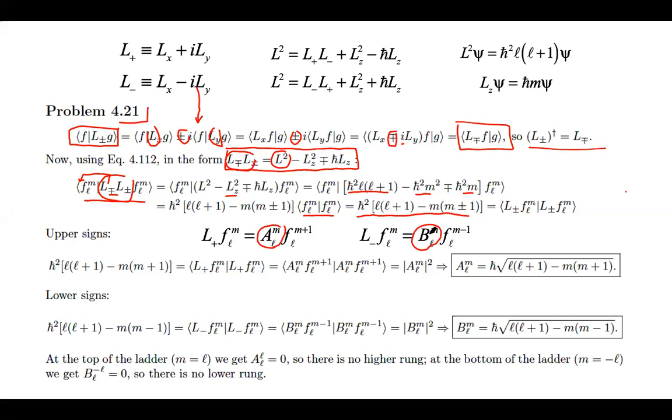So let's do two cases, one when we're doing the raising, one doing the lowering. We'll call the raising coefficient A, the lowering coefficient B. What we're going to do is that, which we know to be that thing right there. That thing that I've underlined, that grouping of the constants right here. So great. We do the upper sign. We have that thing right there is equal to that thing. And then I'm making use of the eigenvalue equation with this unknown A here. And ultimately, those guys are orthogonal, so you can bring out those constants.